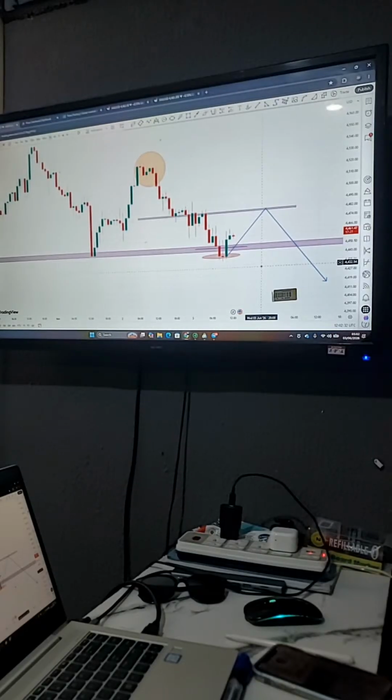On the 1 hour, exactly this line where you draw, around that region, just put your cursor there. Okay, this is TradingView. Go to 1 hour. So we are expecting it to come down to this place.